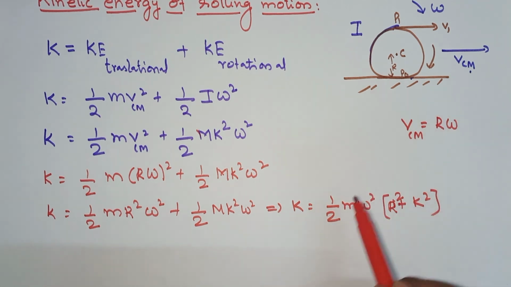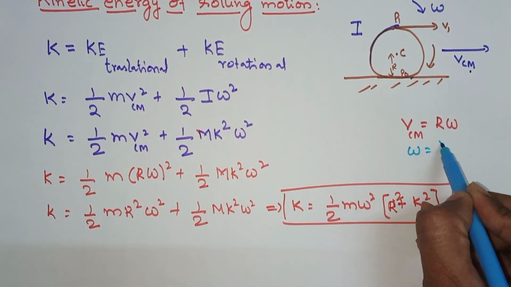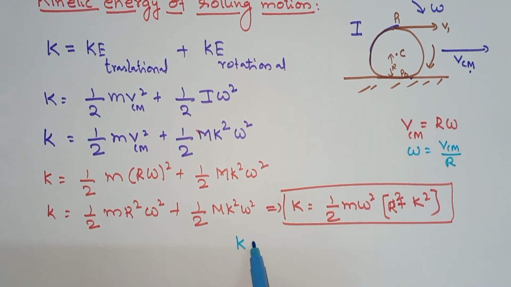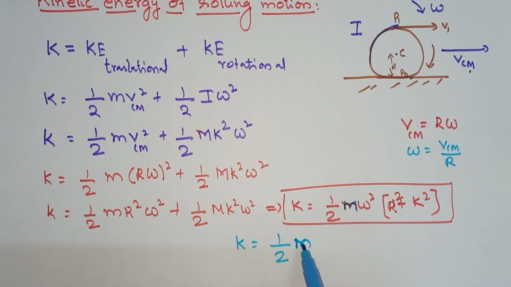Now, this is one type of formula; you can make it in other terms. What is omega here? VCM by r. Now how to write this one? K is equal to half into capital M, omega means VCM by r whole square, r square plus k square.